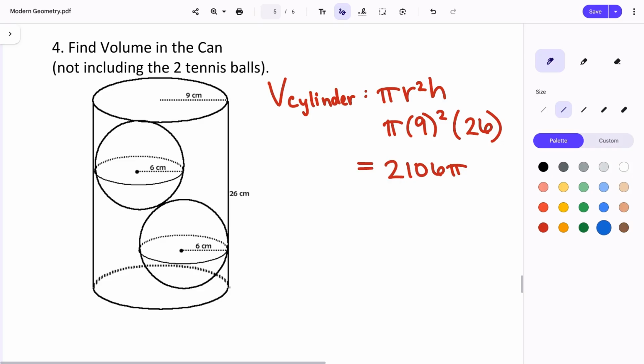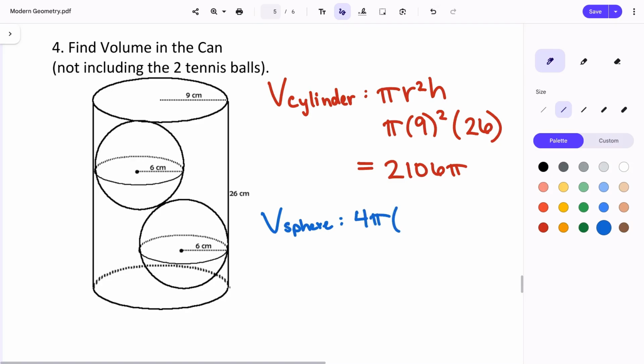What shape are the tennis balls? What have we been talking about today? Spheres. Okay, so let's find the volume of one of the balls here. So 4 pi times the radius.